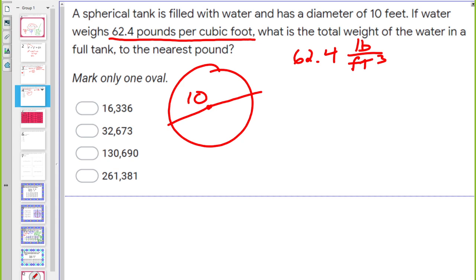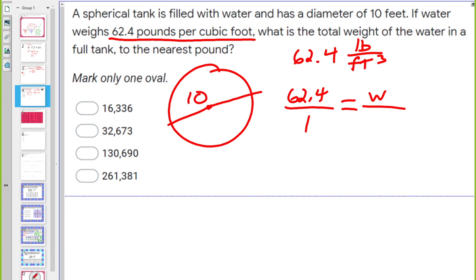So they're already dividing, this is actually a proportion. So 62.4 over 1. They've already divided it for you. But the question is, what is the weight of the water? So weight would go up here where the mass is. In order to do that, we would need to know the actual volume. There's more than one way to write this equation, but I think this is the easiest one.